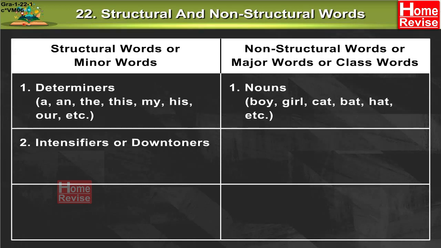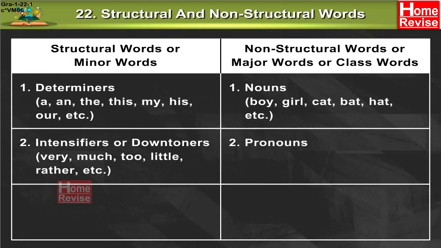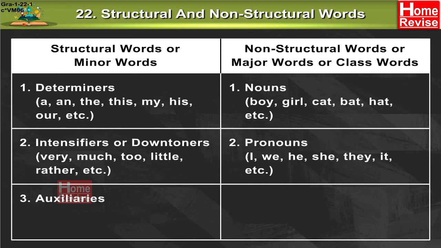Intensifiers or downtoners: very, much, too, little, rather, etc. 2. Pronouns: I, we, he, she, they, it, etc. 3. Auxiliaries: shall, will, can, may, etc.